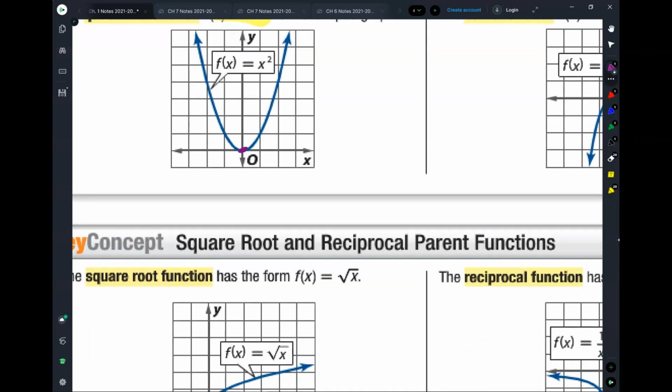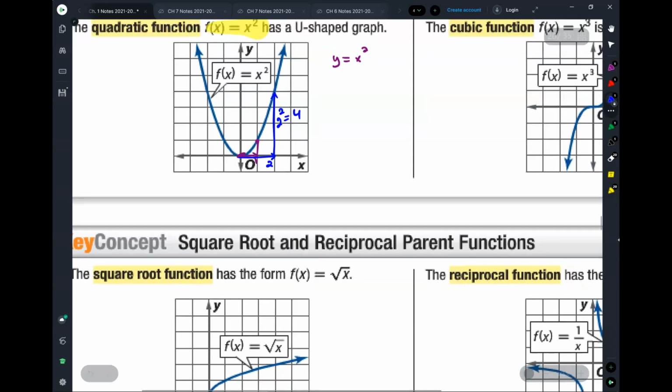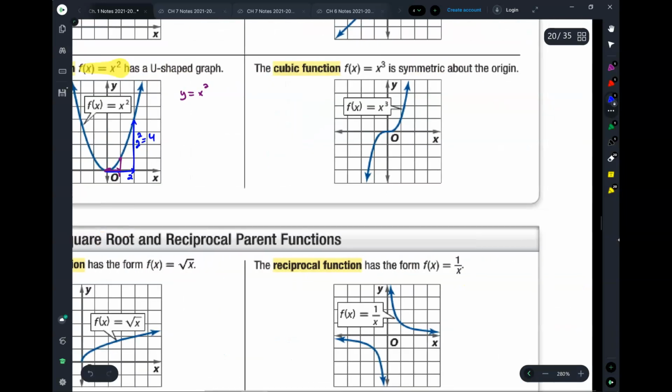From the vertex, if you go over 1 unit to the right, you go up 1 squared, which is 1. If you go over 2 from the vertex, you go up 2 squared, which is 4. If you go over 3, you go up 3 squared, which is 9. So that's how we graph x squared.